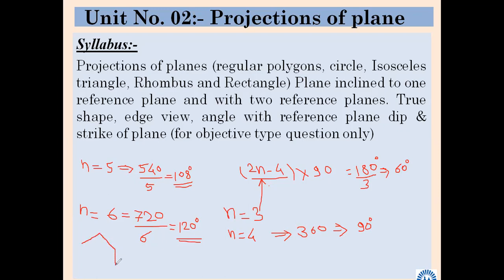Anybody knowing something like this? Suppose maybe something like this, without taking angle, a straight line, something like this. 6 sides: 1, 2, 3, 4, 5, 6. Anybody knowing? If not, I will tell afterwards.